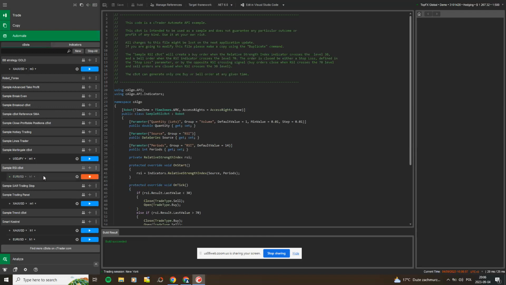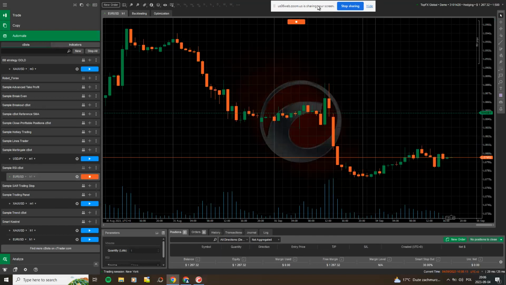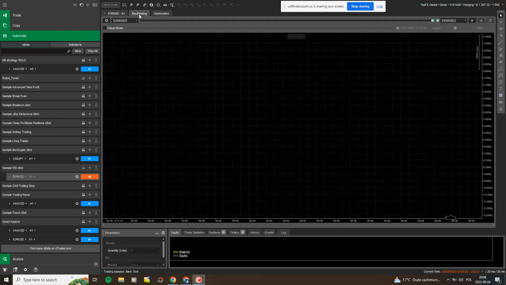So this is the situation when you are running the cBot right now. We are trading one lot. The source of the RSI is the close of the 1 hour candle, and the period is 14, which is a standard parameter. So this is our bot.